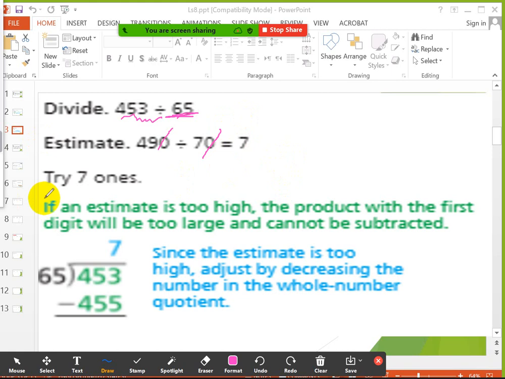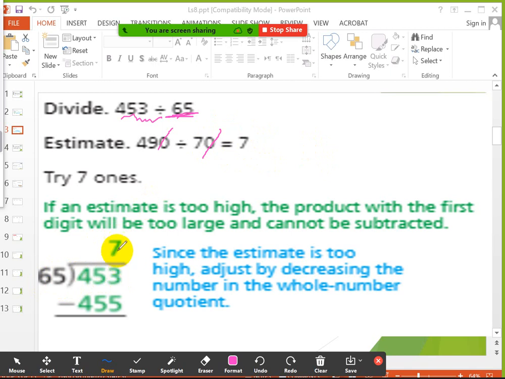So when I want to divide the dividend on the divisor, I will take the estimation, as we said. If you want to know how many times 65 goes into 453, I will take the estimation. So I will take 7, maybe it will be 7.